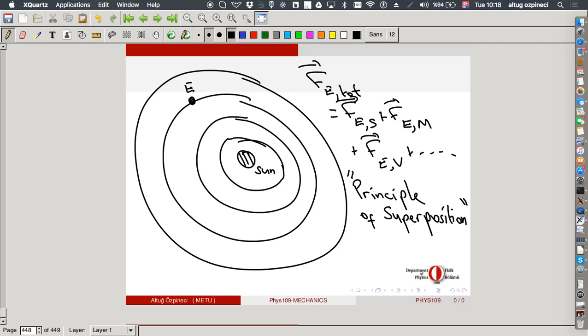So this basically tells us that the force that Mercury exerts on Earth is independent of the presence of the sun, etc. Now, Einstein's theory of relativity says that there are small deviations from this, but it holds to a very high precision. Now, any questions up to here?